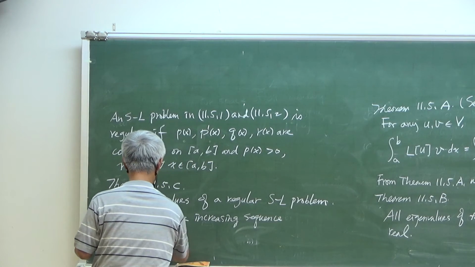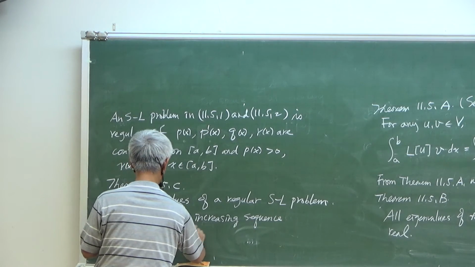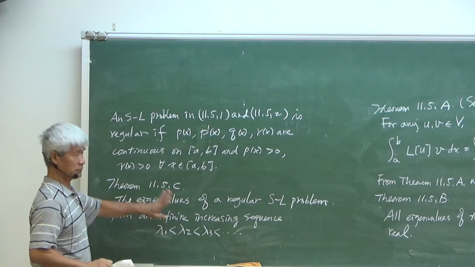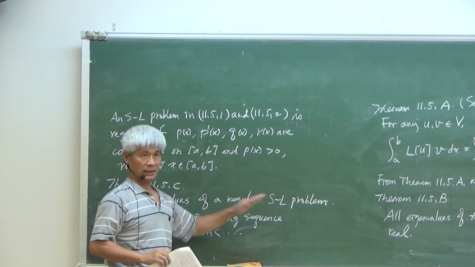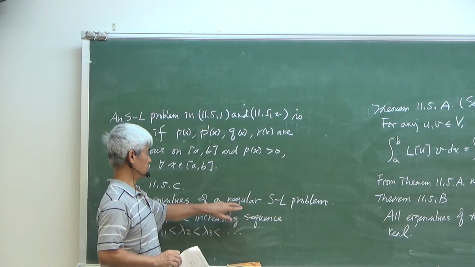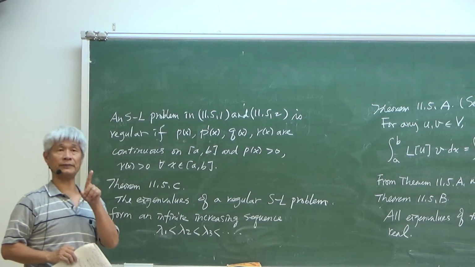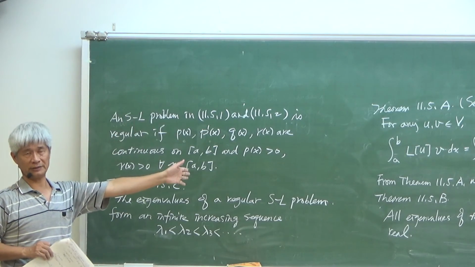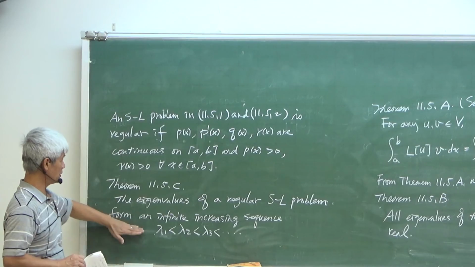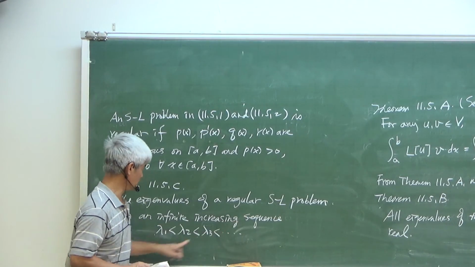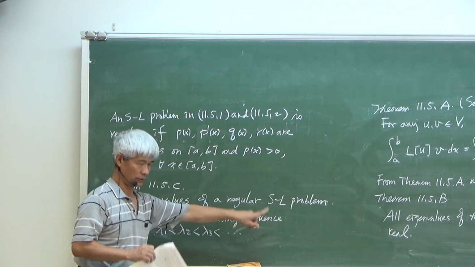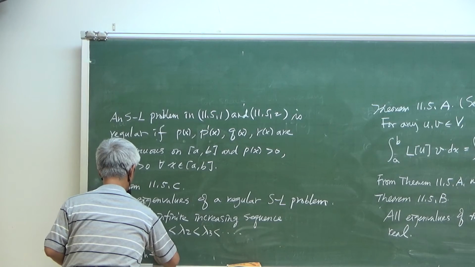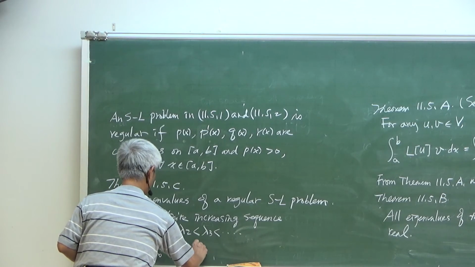So lambda 1, then lambda 2, 3, etc. If the Sturm-Liouville problem is regular, then you are sure that you have infinitely many eigenvalues, and the eigenvalues form an infinite increasing sequence. So lambda 1 less than lambda 2 and so on, and the limit as n goes to infinity of lambda n is infinite.